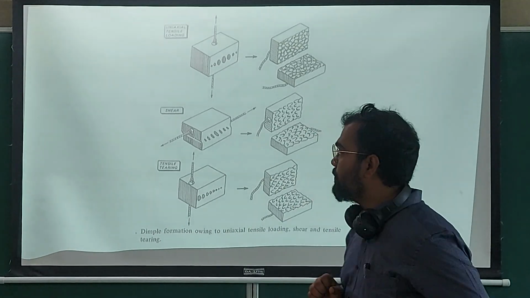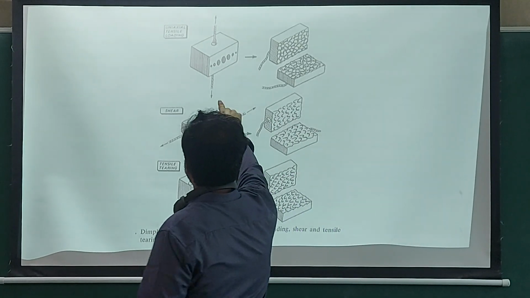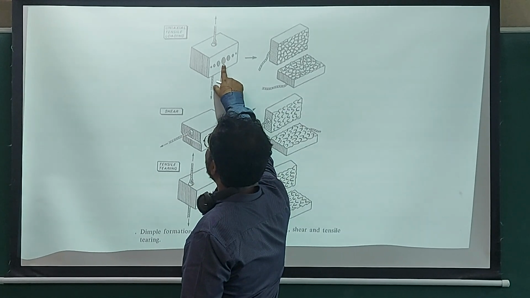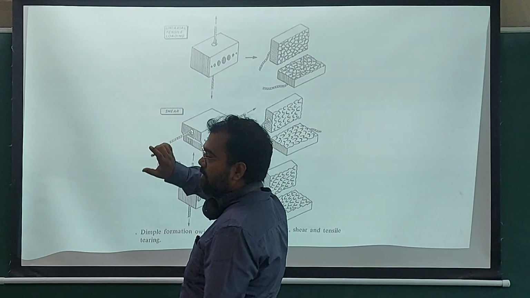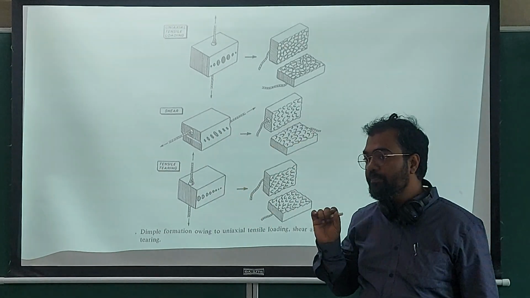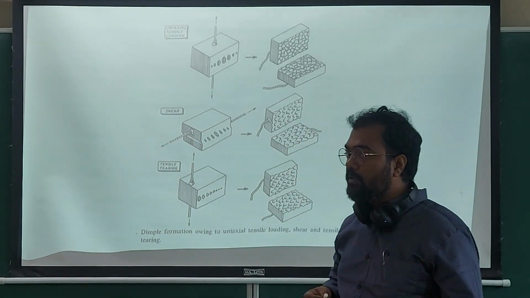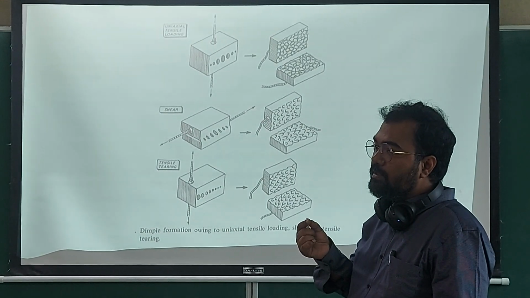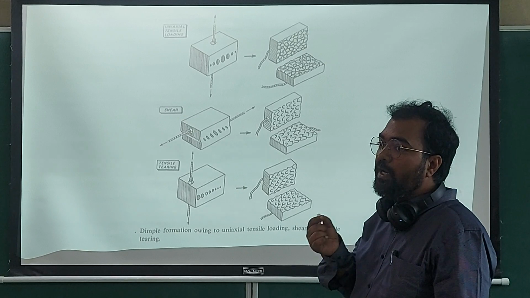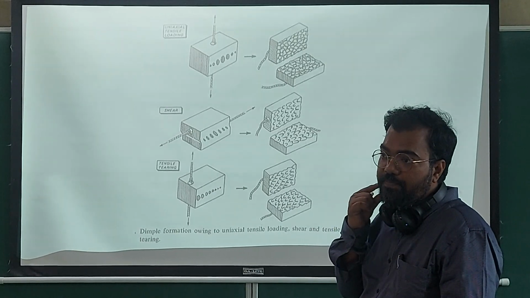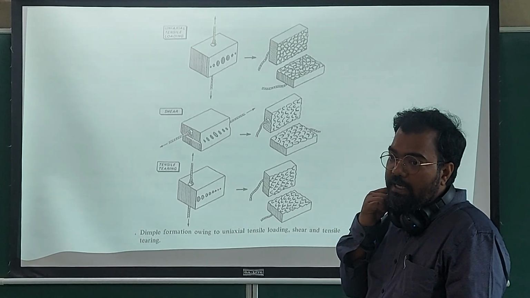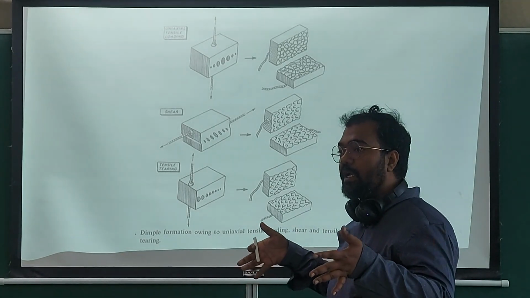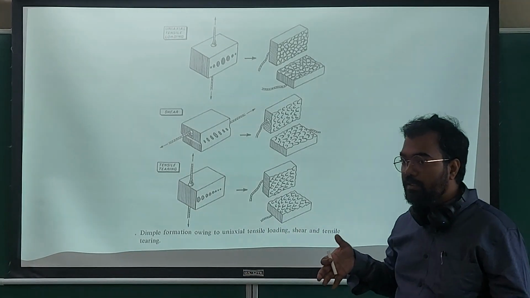So if a dimple is growing, it is achieving some value of diameter at any point of loading. When it will break is decided by the material's behavior, how much strain it can take. So that will tell how big a void you need to make it critical, right?